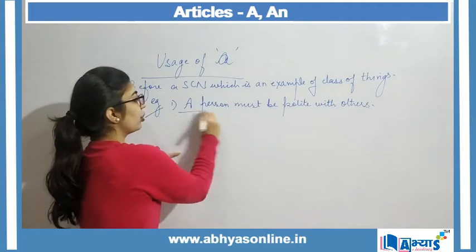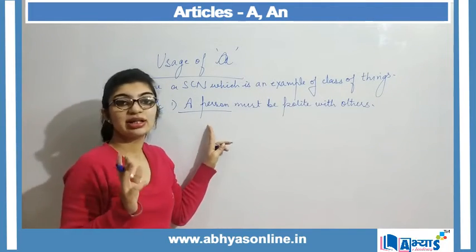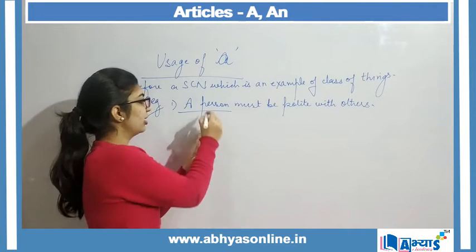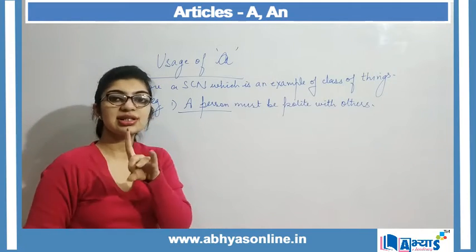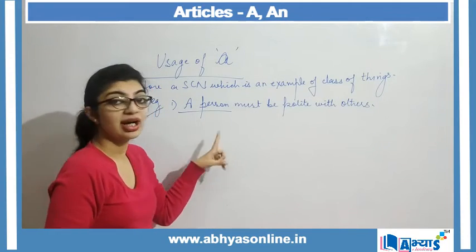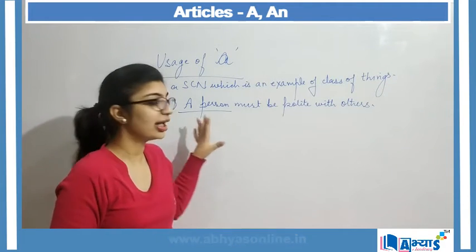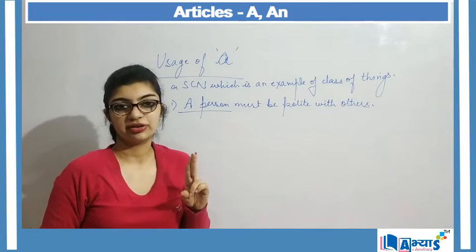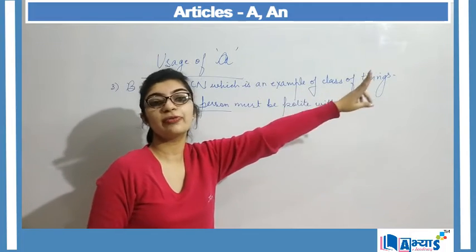Now, here I am talking about a person, right? In this, the two criteria that we have studied before are clear. That P over here is a consonant and person is a single person. But again, I am not talking about only one particular person. Here a person refers to all the people in the world, right? So a person over here refers to the class of things.